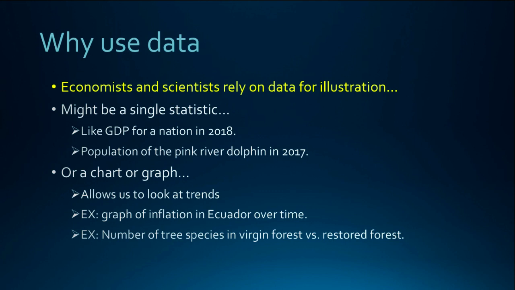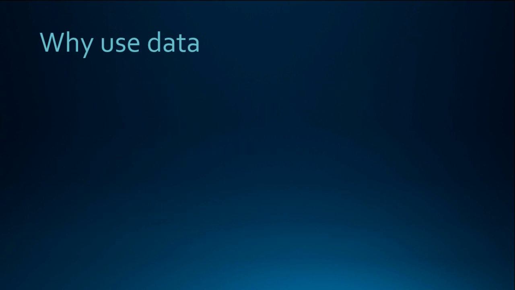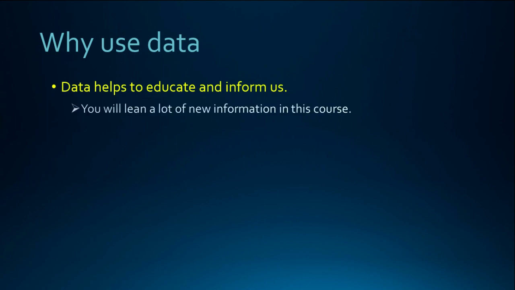Or Dr. Hank might be looking at the number of tree species in a virgin forest and comparing that to restored forests. So we can communicate a lot of information in a chart or a graph, but again, it's data.